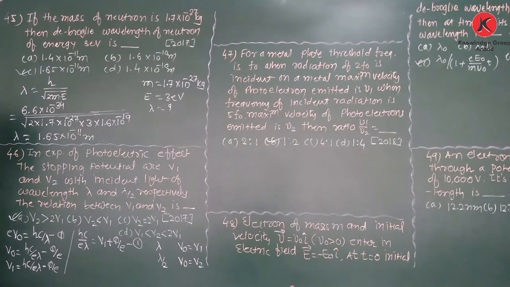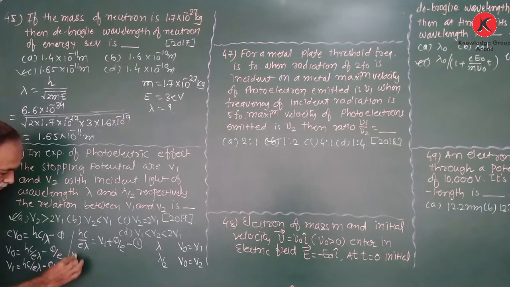We require the relation, right? When the wavelength is lambda, the stopping potential is V1. Now for the second case, when the wavelength is lambda by 2, the stopping potential is V2.